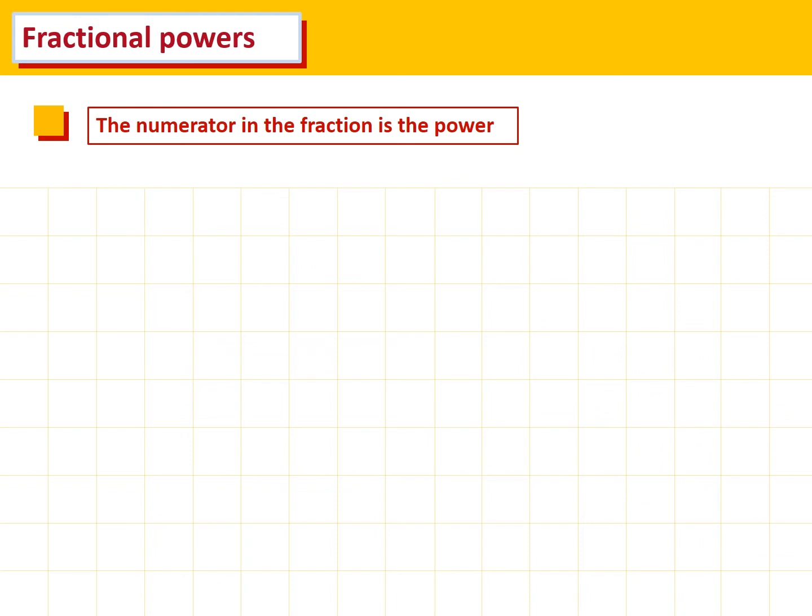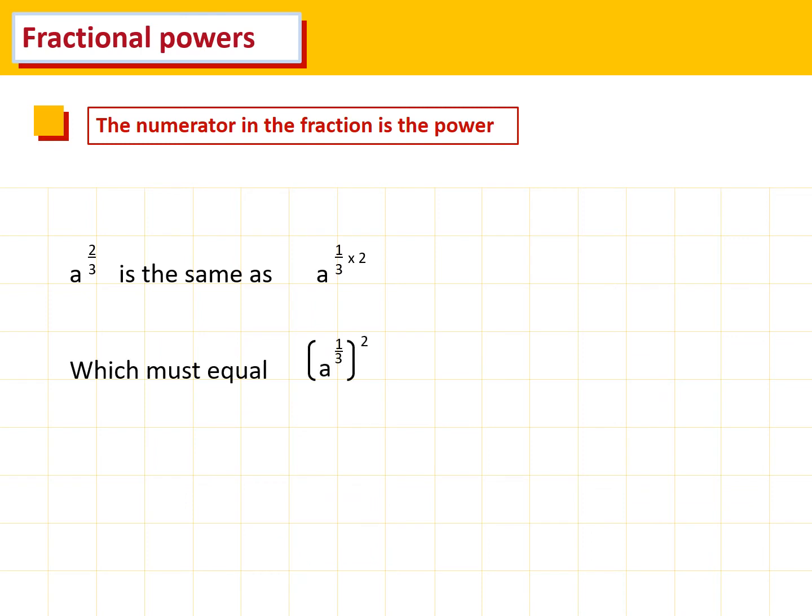Now, if we have a numerator in the fraction other than 1, then that means that's the power. So a to the 2/3 is the same as a to the 1/3 times 2, because 1/3 times 2 is 2/3. And therefore, that's a to the power of a third to the power of 2, using the power to a power rule. And a to the power of 1/3 we've already seen is the cube root of.